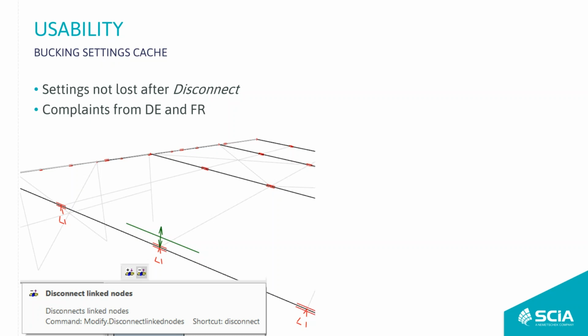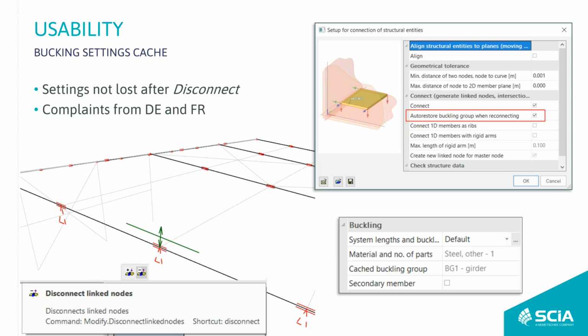You discovered during the usage of new buckling that you define your buckling in the case of steel structures, and then you discover that you have to disconnect some nodes. So you run the disconnect, and then you lost all the settings related to the buckling. That's the past.